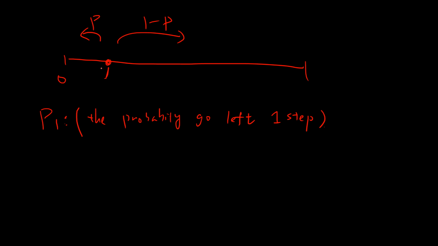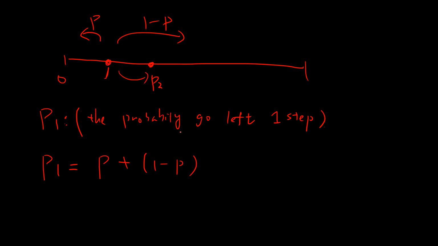So this is not p. p is just the first step. p1 is not just p. p1 is the probability that ultimately you will hit 0. So what we have is p1 equals p, because you have probability p that you just go one step, and then plus 1 minus p, and it becomes here.